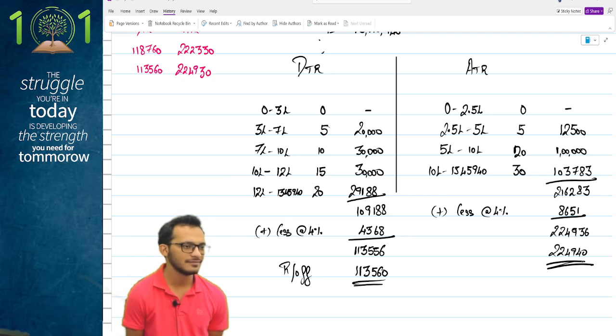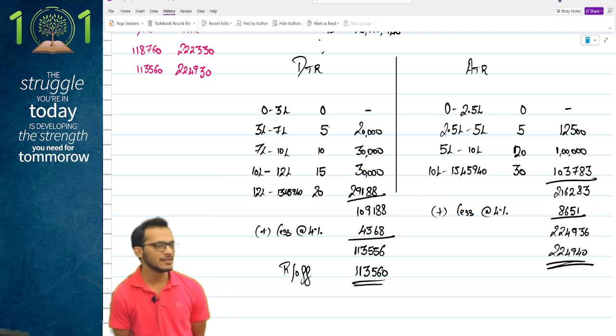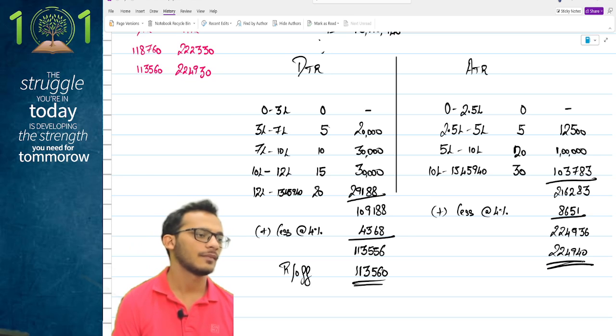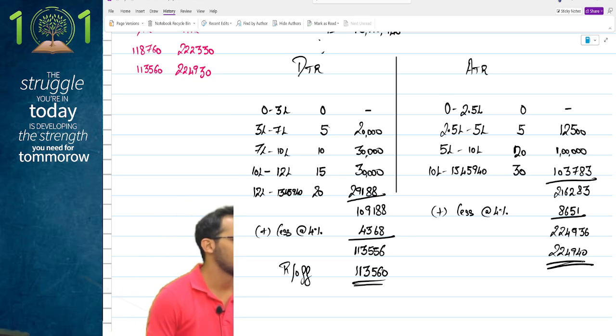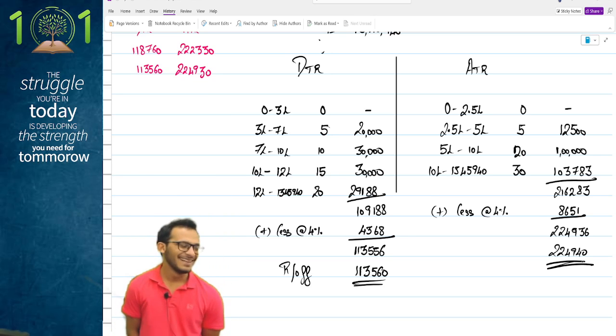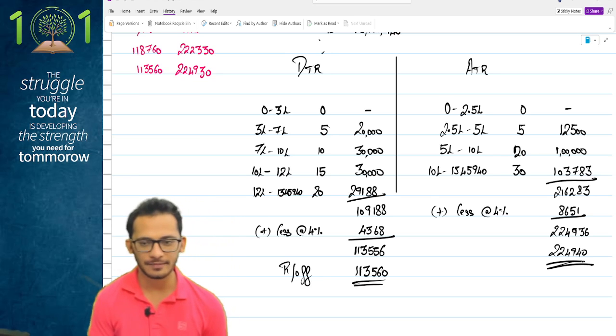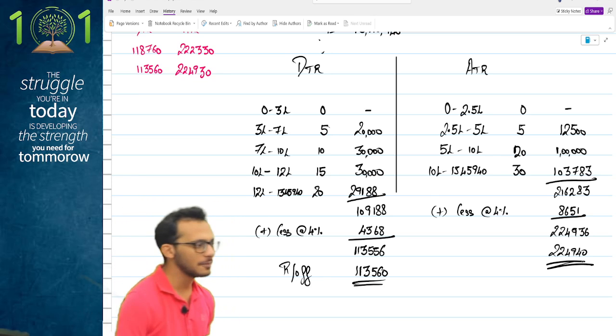That is what I said. He has completed 60 years of age as on 31st March 2025 and is therefore termed as a senior citizen. Full stop, continue.